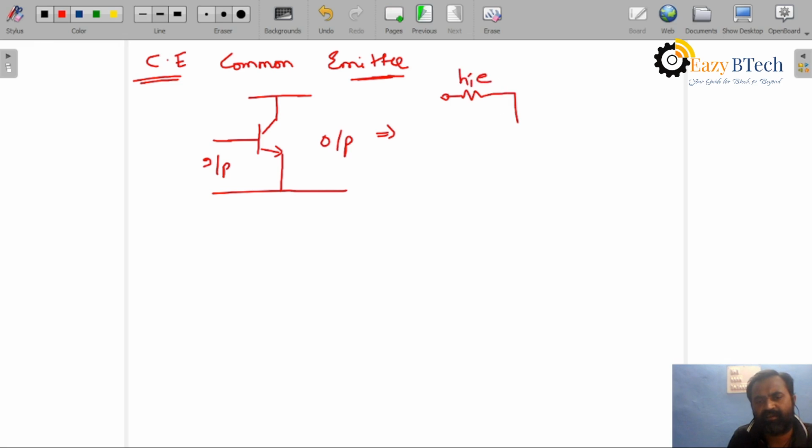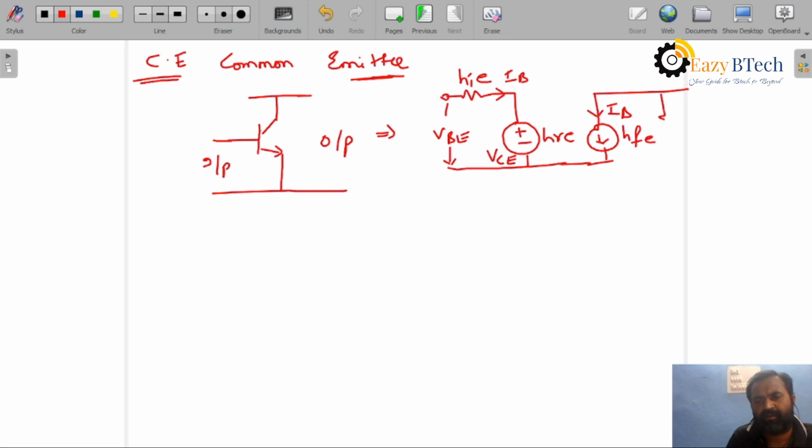HIE input. Here V1 is VBE. Here it is HRE, output voltage VCE, input current is IB, and HFE, H0E, and load resistance RL, and output voltage VCE and output current IC.